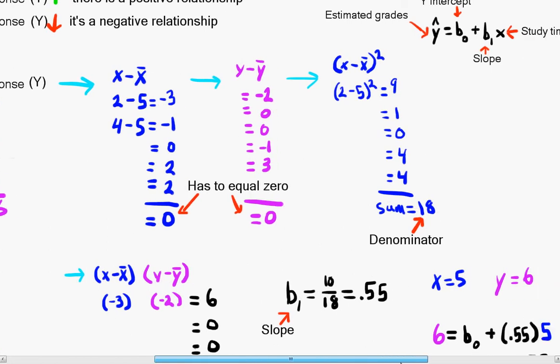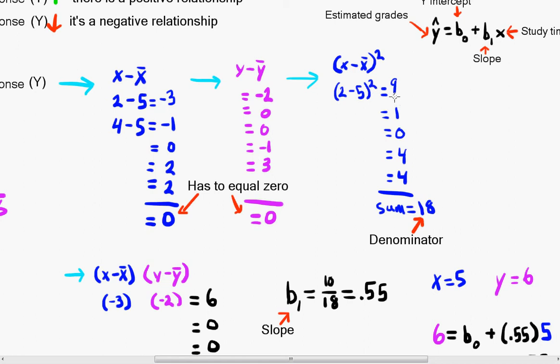Okay, so after we've done that, what we're going to want to do is take the x value minus x bar and square that. So for example, 2 minus 5, so the point 2 minus the mean 5, and square that value.